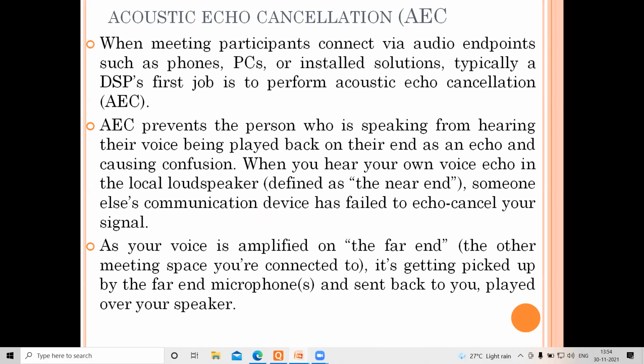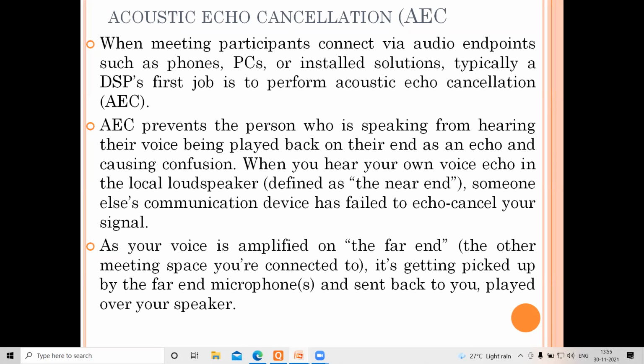The next one is with respect to when you're meeting with participants via audio endpoints such as phones, PCs, right? Typically, the DSP's first job is acoustic echo cancellation.